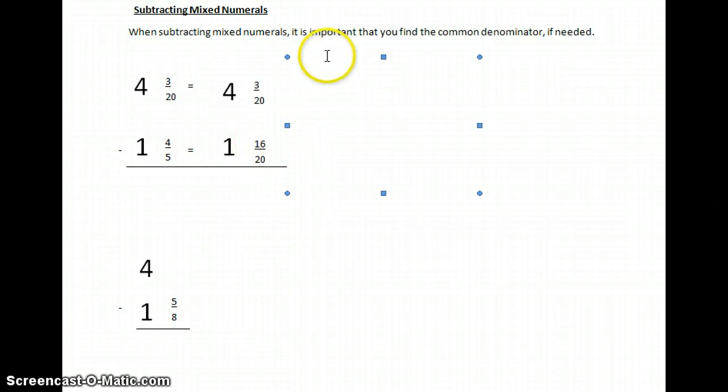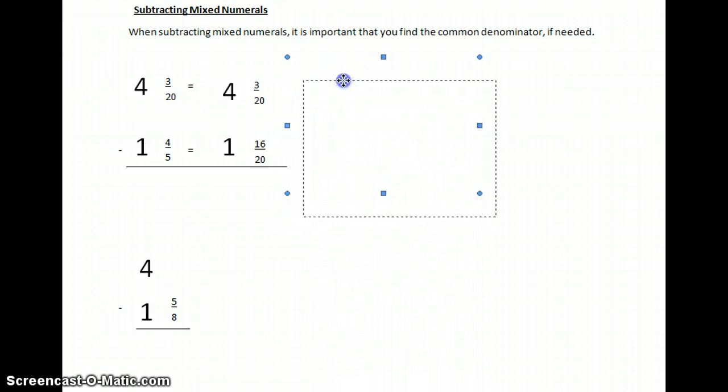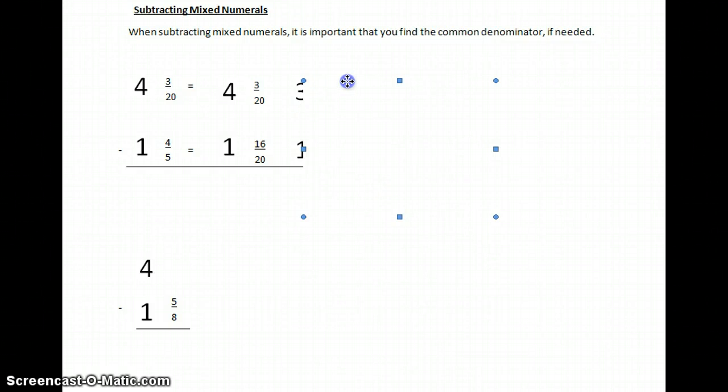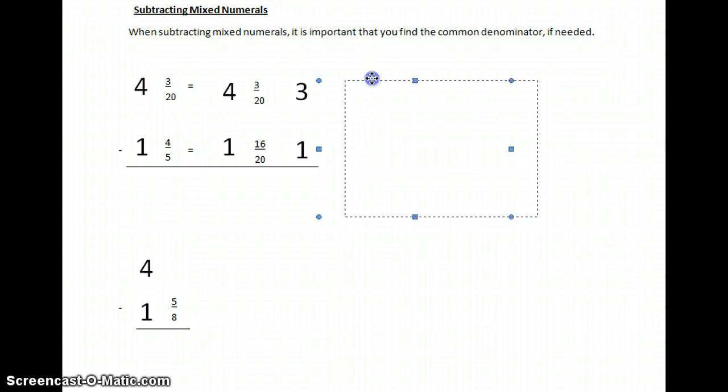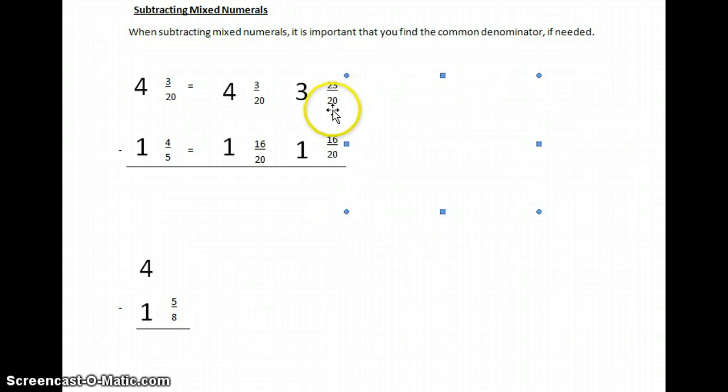So I'm going to do a little bit of a trick here. What I'm going to do is borrow one whole one from the 4, so that becomes 3. And then my new numerator is going to be 20 plus 3, so it's going to be 23 over 20.